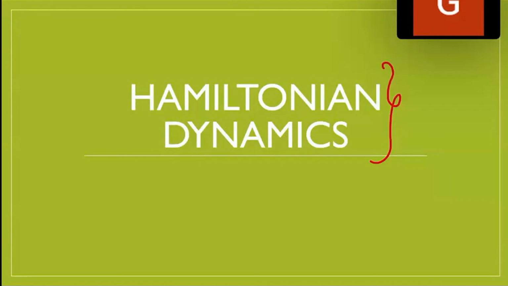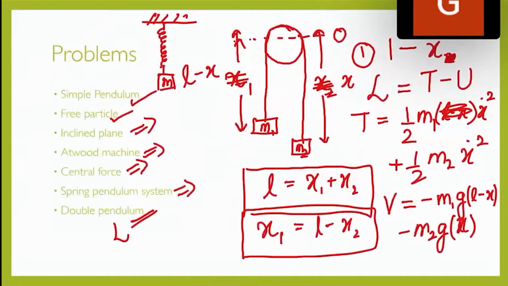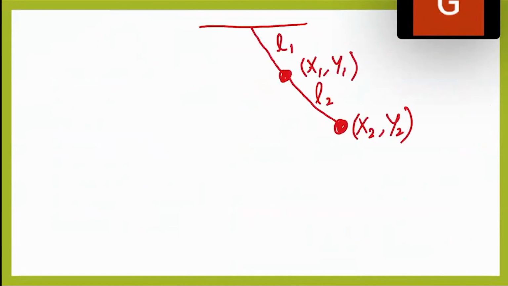Any question in the Hamiltonian dynamics? No, ma'am. No question? Okay, let me give you a problem. You do that. Let's just take a simple pendulum problem. We have done this simple pendulum problem, right?